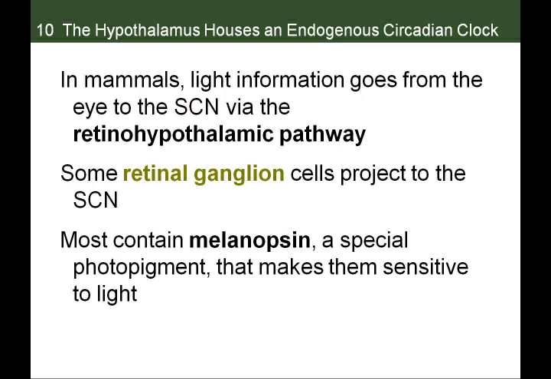So the back of the eye, the retina, has specialized neurons called ganglion cells that contain photoreceptors, meaning these specialized neurons will take this light energy and transduce it, or convert it, to energy that the nervous system understands. It will take that information straight to the suprachiasmatic nucleus in the hypothalamus. That's why it's called the retino-hypothalamic pathway, because it goes from the retina to the suprachiasmatic nucleus in the hypothalamus.